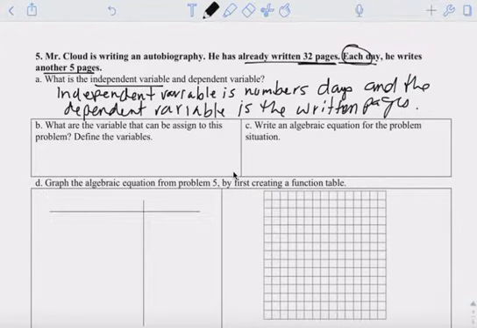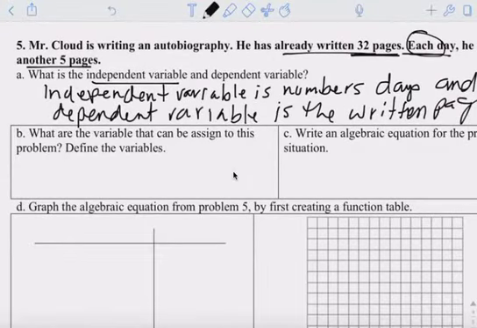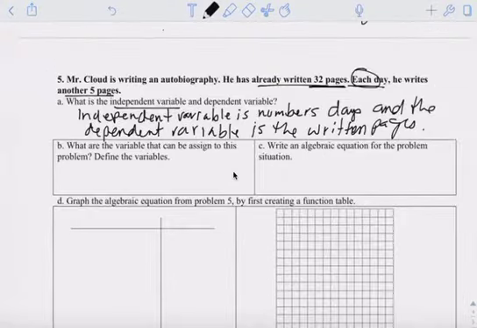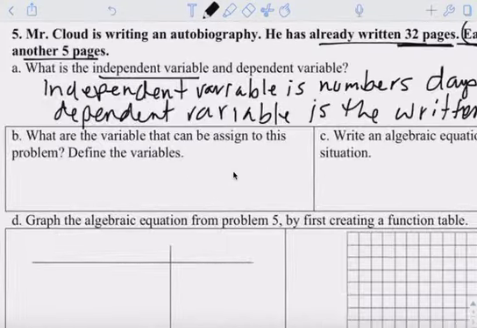What are the variables that can be assigned to the problem? Define the variables. The independent variable is the days he takes to write. Each day he writes 5 pages.